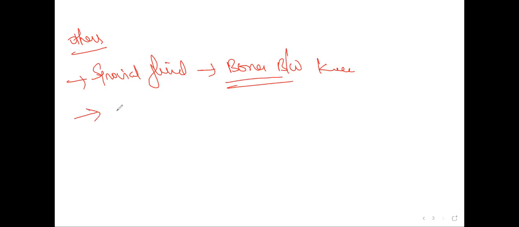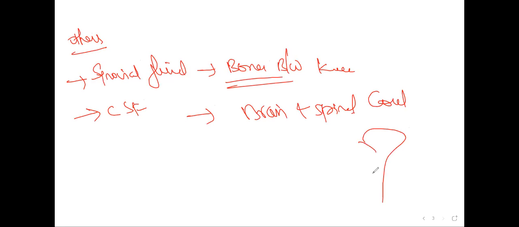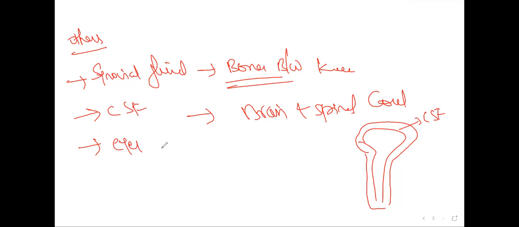Next we have CSF, present in the brain and spinal cord. This is the brain, and the brain is filled with a liquid called CSF. Next we have fluid in our eyes and in our mouth. Other than that, a small amount of fluid is present in other areas.